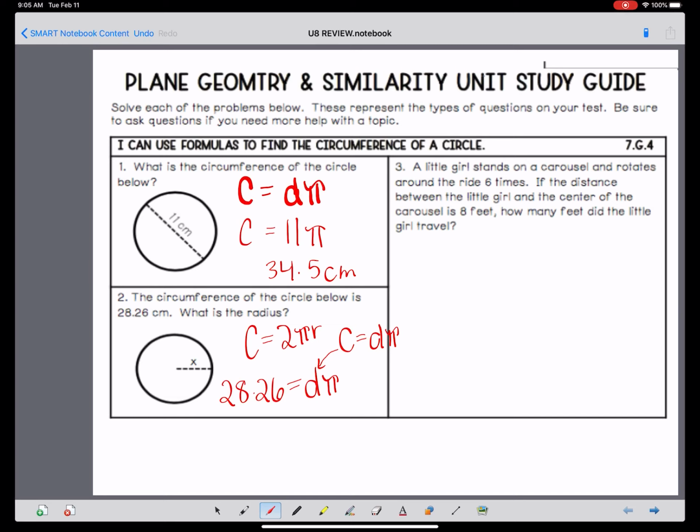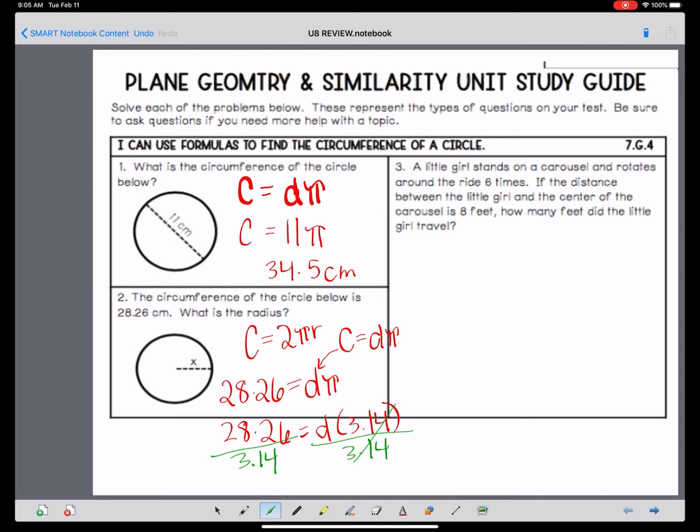Pi is the same thing as 3.14. So you could say 28.26 is equal to the diameter times 3.14, and we have to get the diameter by itself. So I'm going to divide by 3.14, or divide by pi, on both sides. Let's see what I get.